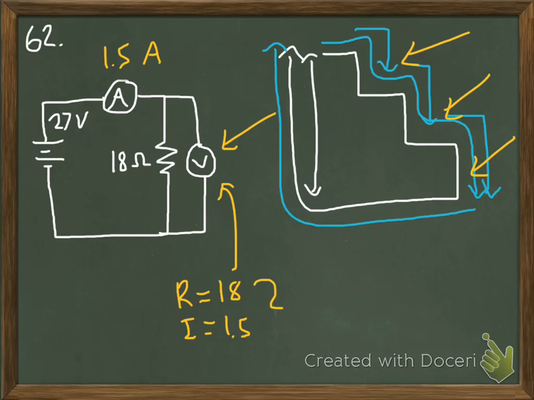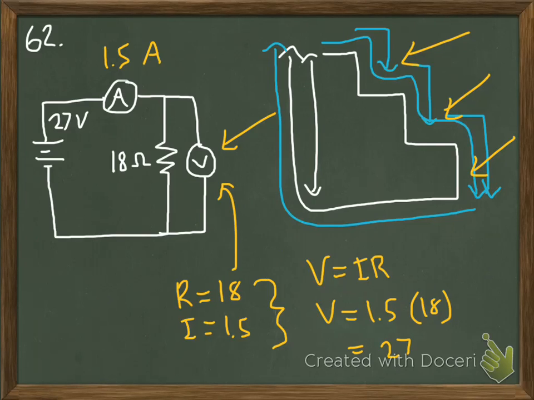So what we do when we want to find the voltage is we multiply the current times the resistance, V equals IR, and you solve. So it would be 1.5 times 18, which, as it happens, is 27 volts. So in this case, it's the same as what we started with.